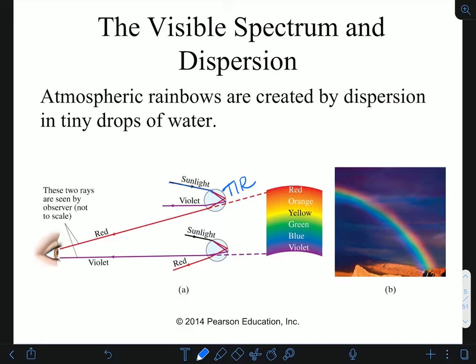The red wavelengths enter our eye from the droplets that are higher up. Because of the difference in angle, the droplets lower down send red light that misses our eye, but it's the violet that we see. And if you imagine all the droplets in between, you would have different wavelengths that make it to our eye. And so the result is we see a rainbow.